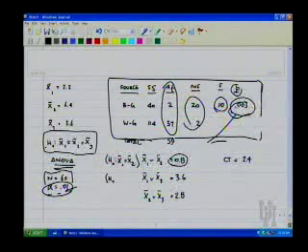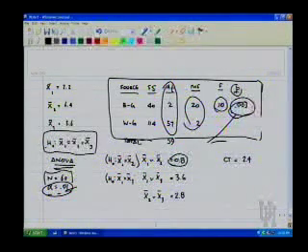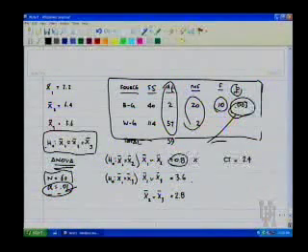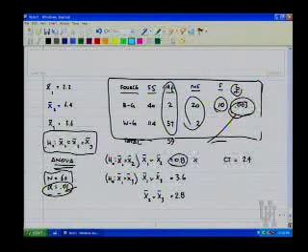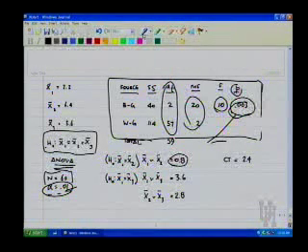In the second comparison, the null hypothesis is that x bar 1 equals x bar 3. Do you reject or fail to reject this null hypothesis? What do we say?